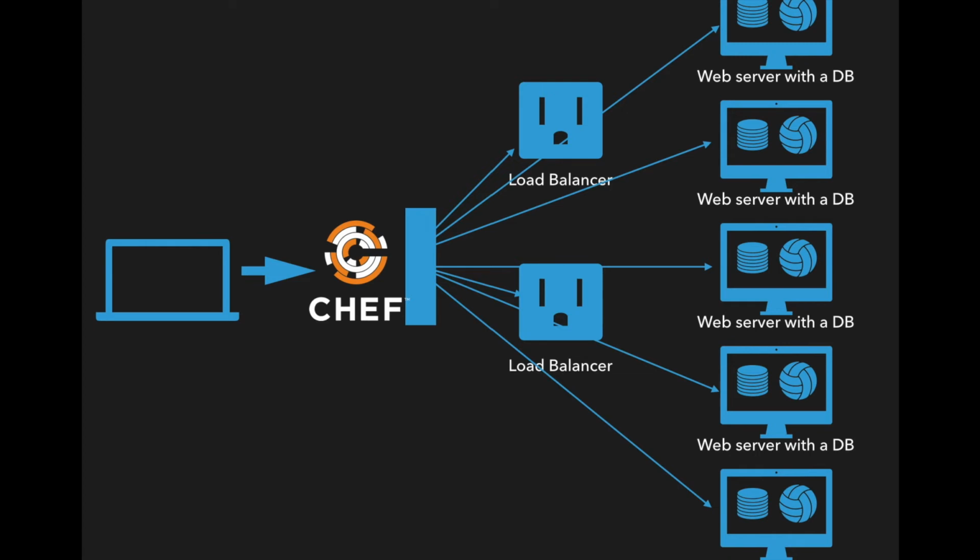So you write that code once on your local system, and then you push it to Chef server, and then Chef server will take care of all your configuration management.